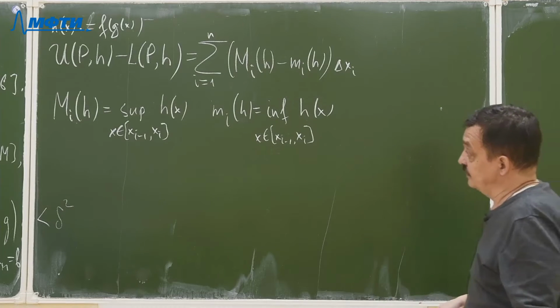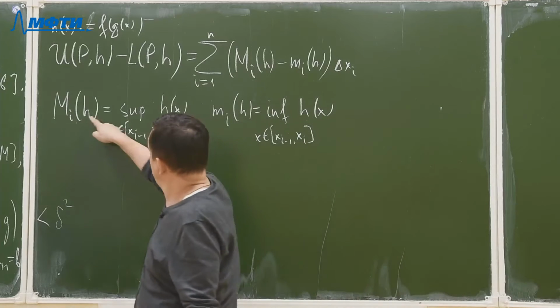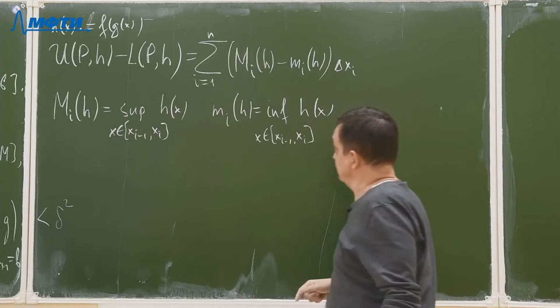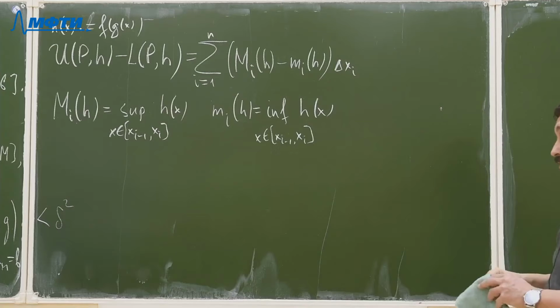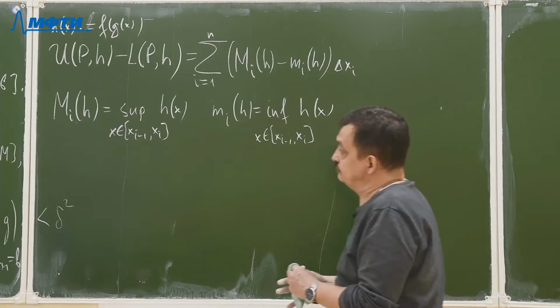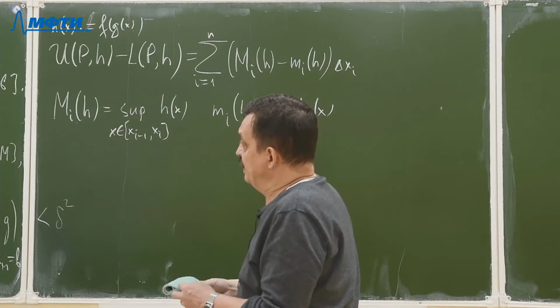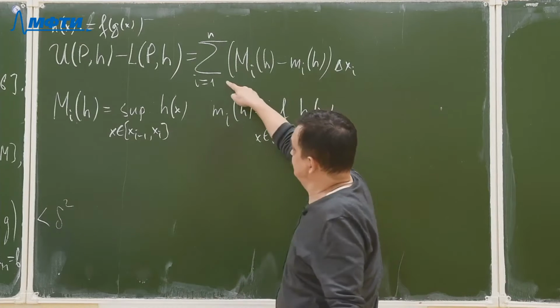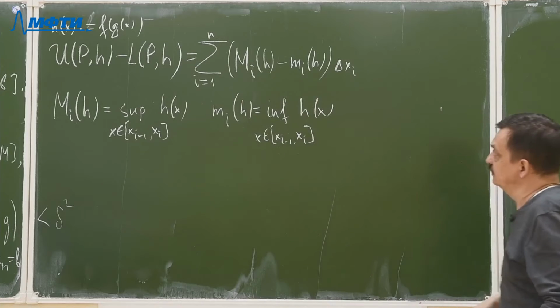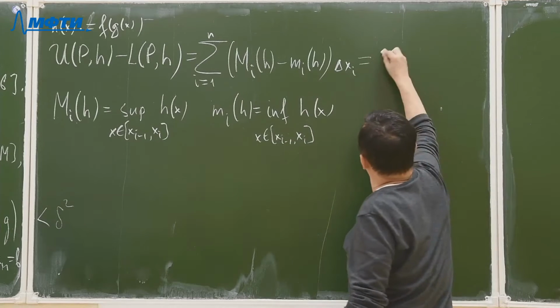So instead of h I can take here g as well. Now, look, what is the idea? The idea is the following. We split our sum into two sums.